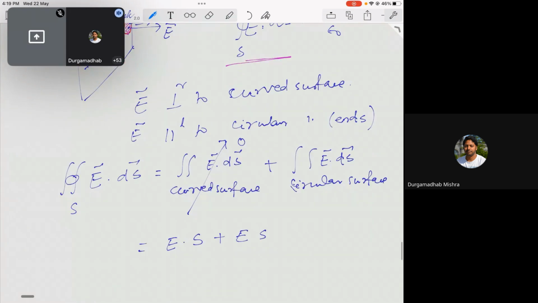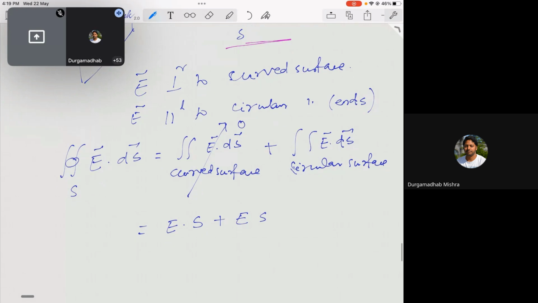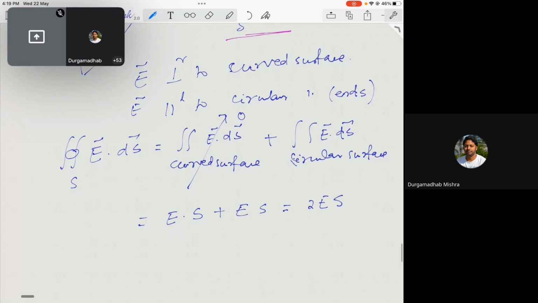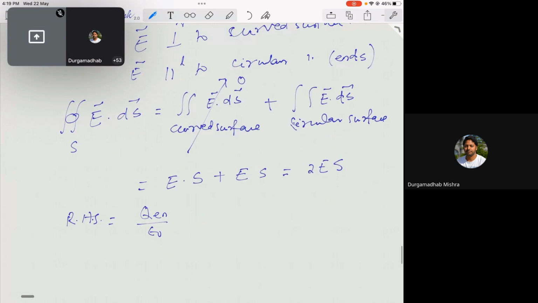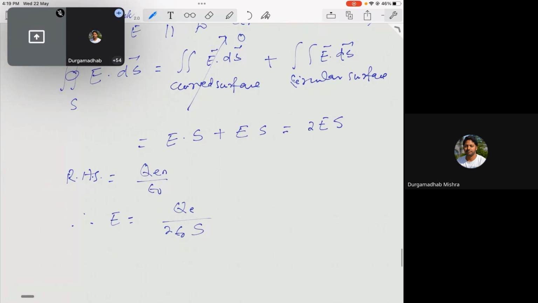So we get the left hand side of Gauss's law as 2ES, and the right hand side, as per Gauss's law, is Q enclosed divided by epsilon naught. So the electric field will simply be Q enclosed divided by 2 epsilon naught S.